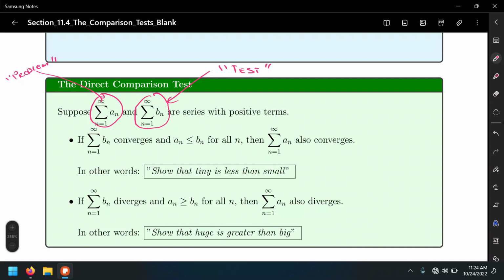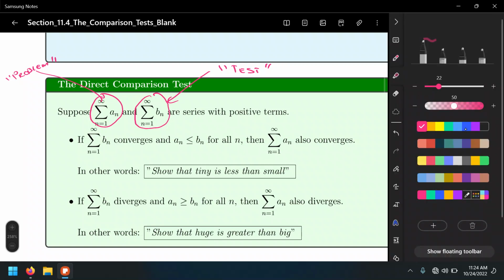Depending on the convergence or divergence, if we obtain a series that converges, then for convergence, if the test series converges, we need to show this inequality, which in other words is to show that tiny is less than small. This one is going to make sense with the examples.